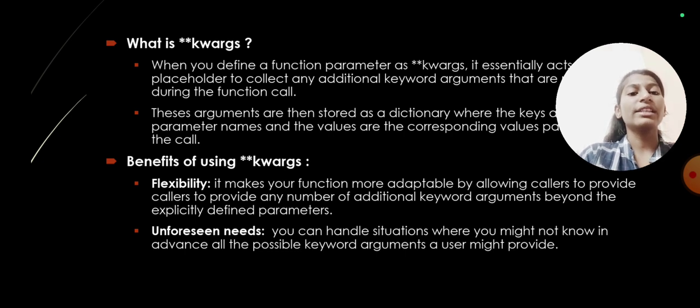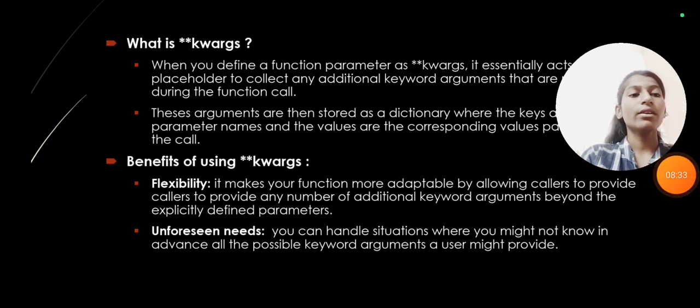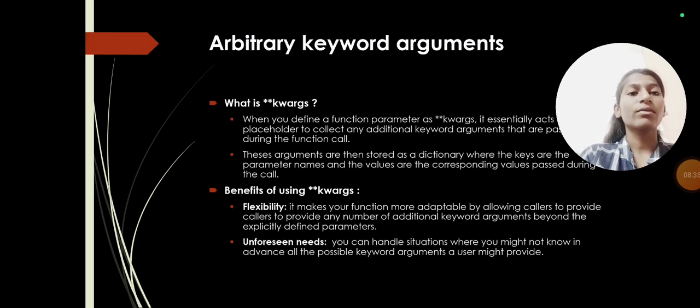For unforeseen needs, you can handle situations where you might not know in advance all the possible keyword arguments a user might provide. Next one, arbitrary keyword arguments, is over.